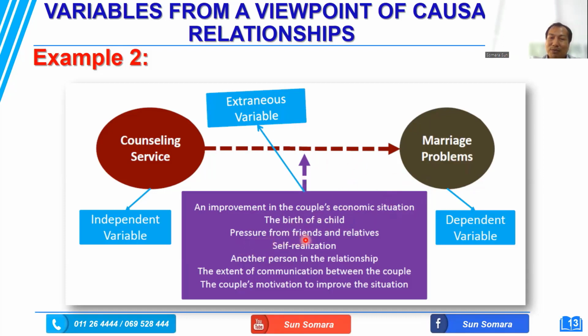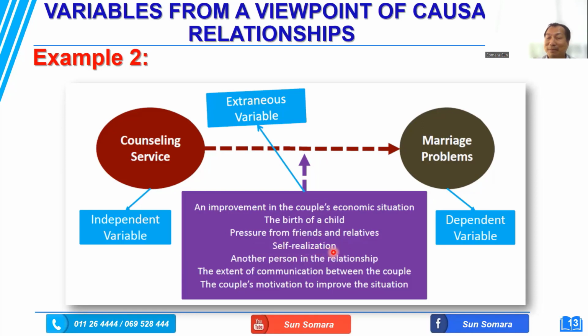Pressure from friends and relatives. Whenever they go and live with the husband's parents, some part may be a challenge for the wife. Self-realization might be something too. Whenever you start learning, oh, I may not be suitable with my wife.